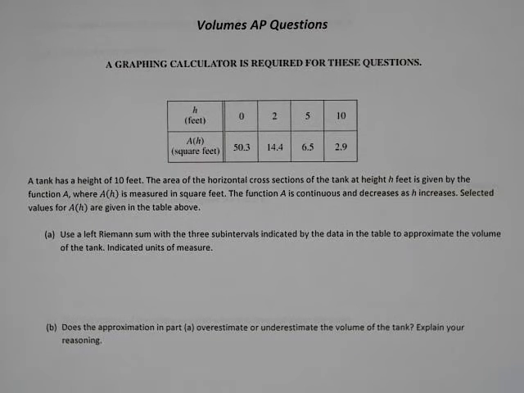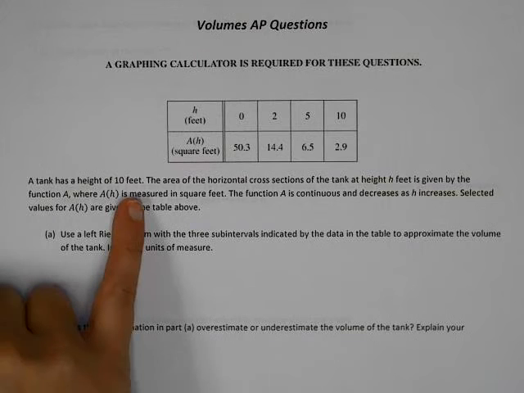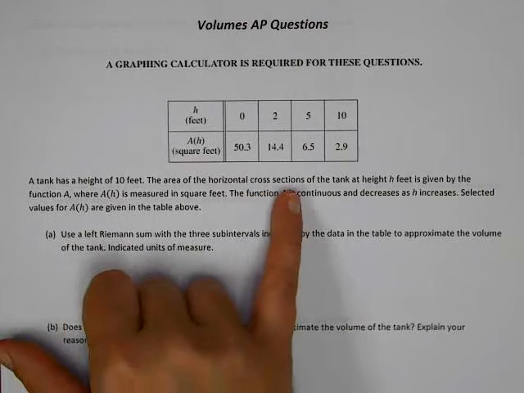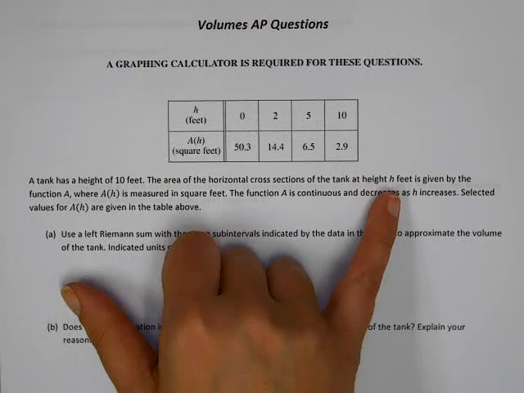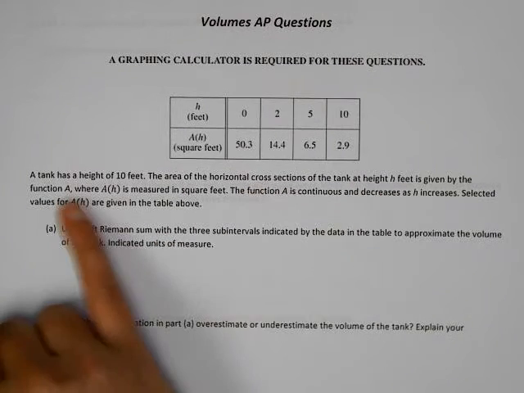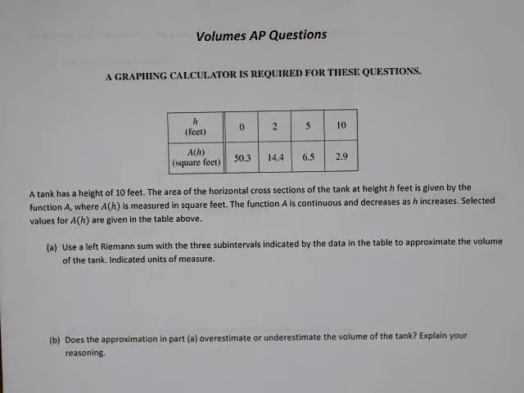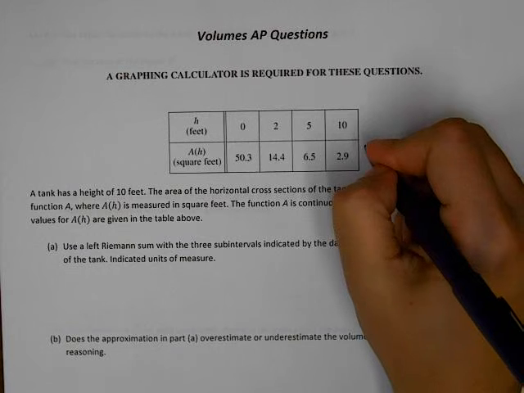So it says here, a tank has a height of 10 feet. The area of the horizontal cross sections of the tank at height h feet is given by the function A. So A is the area of the horizontal cross sections. I'm going to go ahead and label that here.